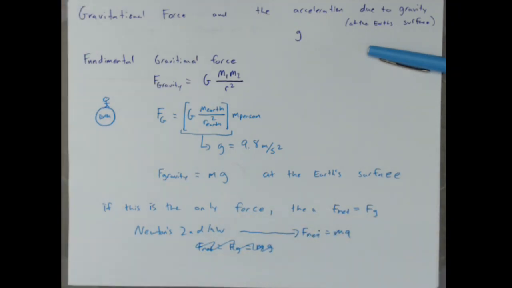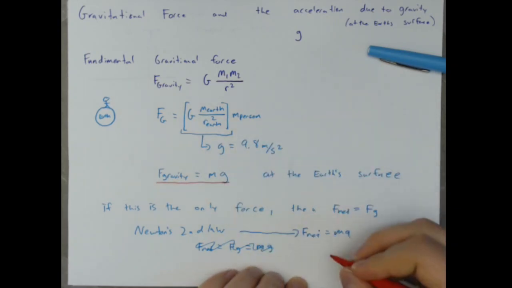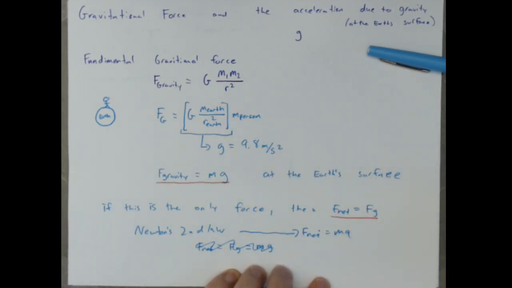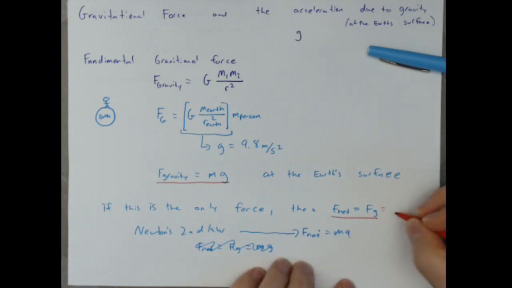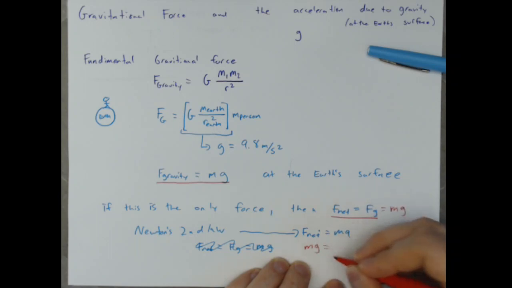But when I plug in this equation, combined with the fact that the only force is the gravitational force, we have the net force equal to Fg, which is equal to the mass times the acceleration due to gravity. So the mass times the acceleration due to gravity is equal to the mass times the acceleration.